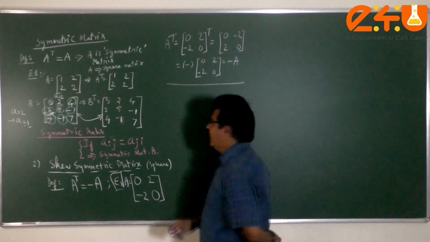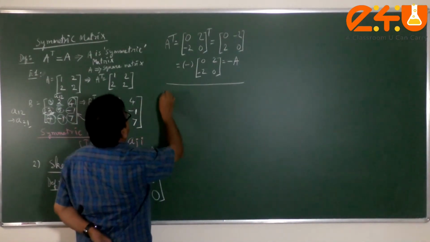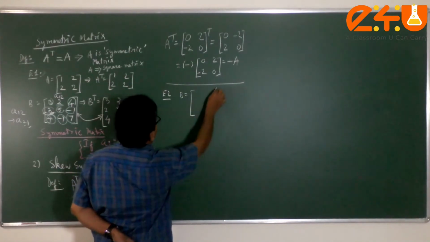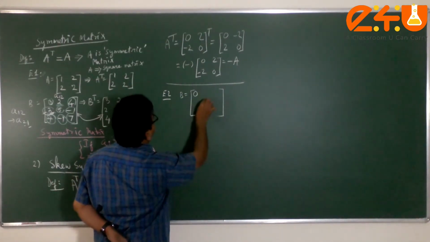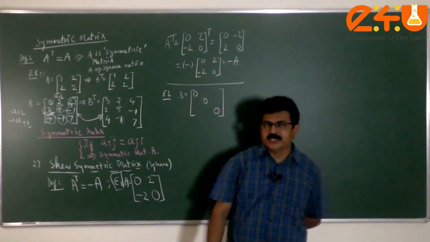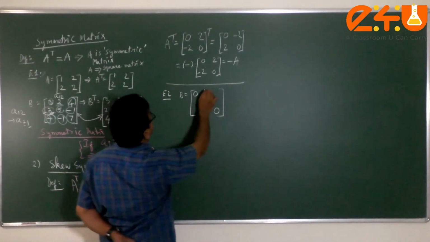So this is the fact about skew symmetric matrix. Let us look into another example, which is 3 by 3 in nature. 0, 0, 0 are the diagonal elements.